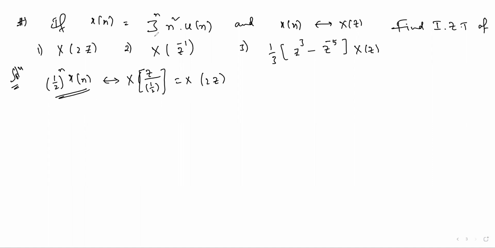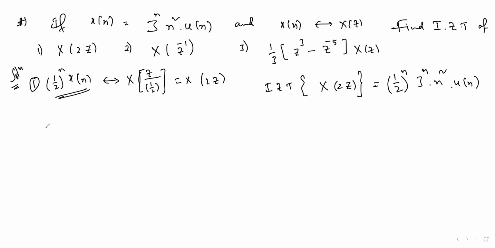Means x of n is given in the question. So the inverse Z transform of X of 2z is (1/2)^n into 3^n into n square u of n. That is the first question. Second question, X of z inverse.